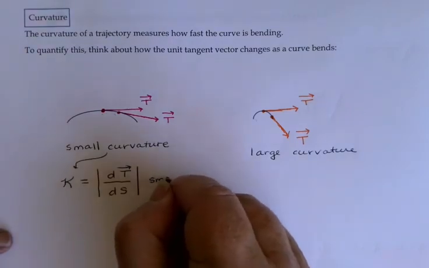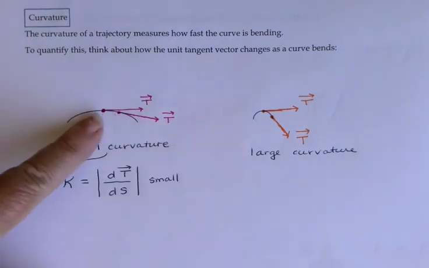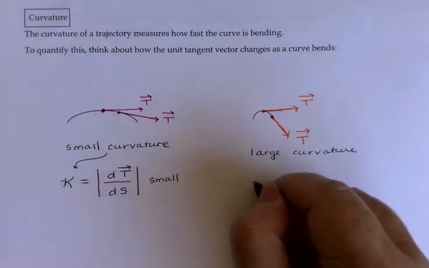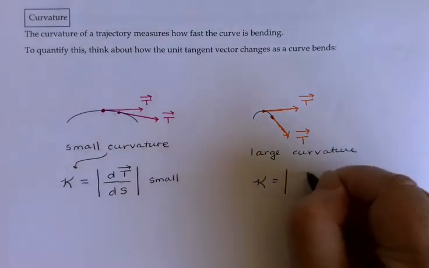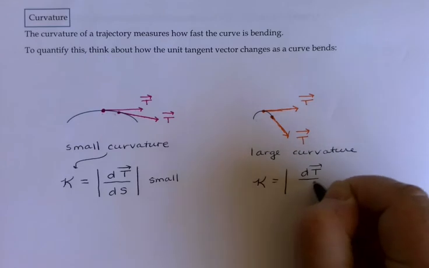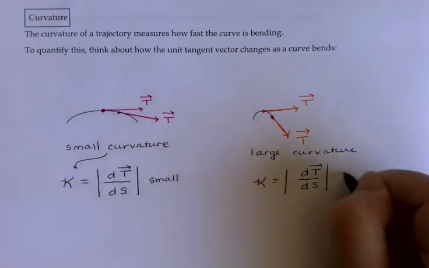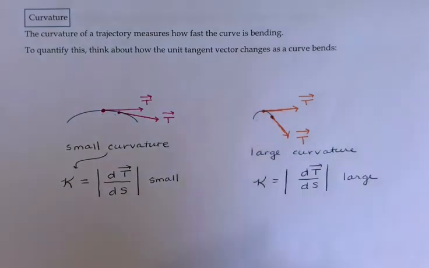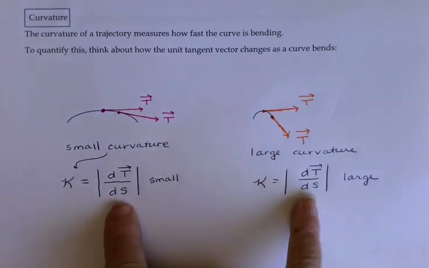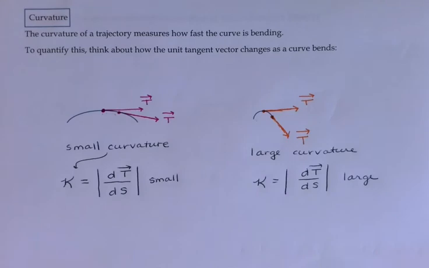This will be relatively small for this graph, and if I do the exact same thing, it will be relatively large for that graph. So that seems like a reasonable definition of curvature: how fast the unit tangent vector is changing with respect to distance, or arc length, along the curve.